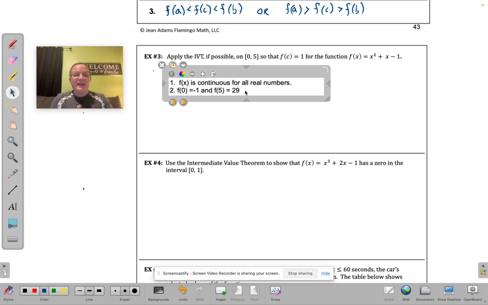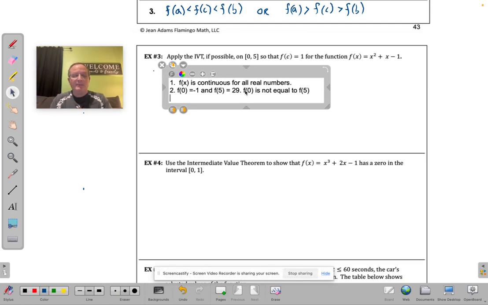And that means that f of 0 is not equal to f of 5.